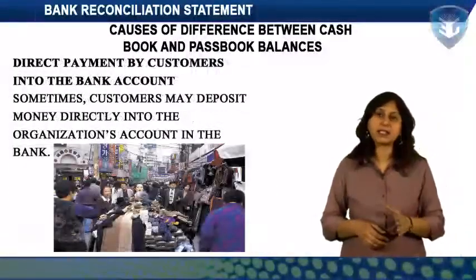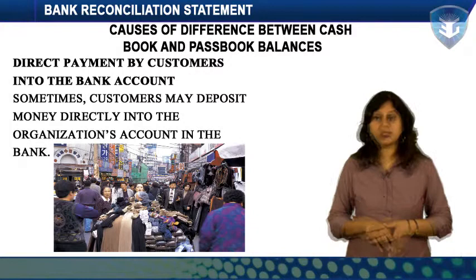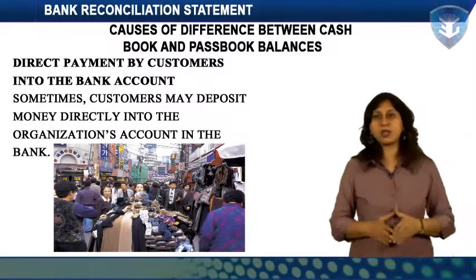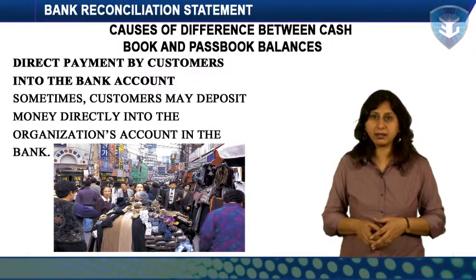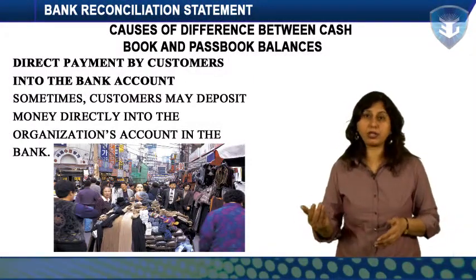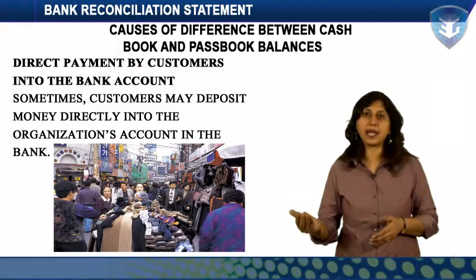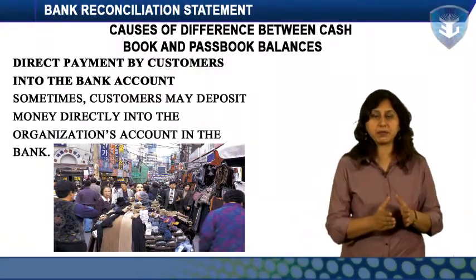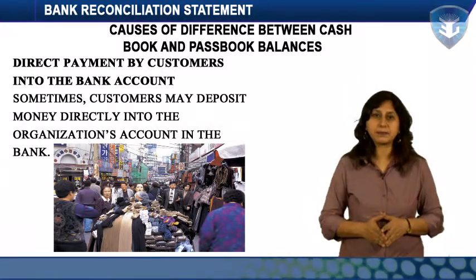Direct payment by customers into the bank account. Sometimes customers may deposit money directly into the organization's account in the bank. The bank would immediately record the entry on the credit side of the organization's account and therefore in the bank statement and enhance the balance.